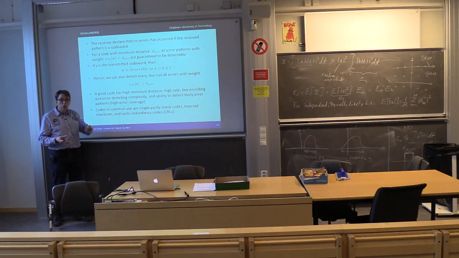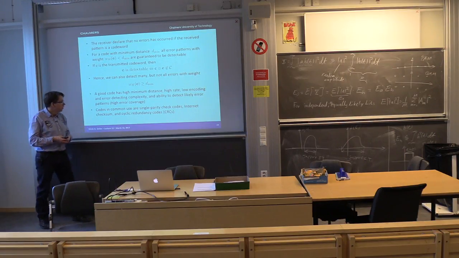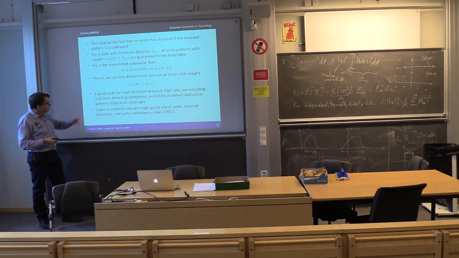So, depending on the need, we choose a parity check code, internet checksum, CRC, or any of the gazillion different variations of error detection codes there are. This is nice to know.